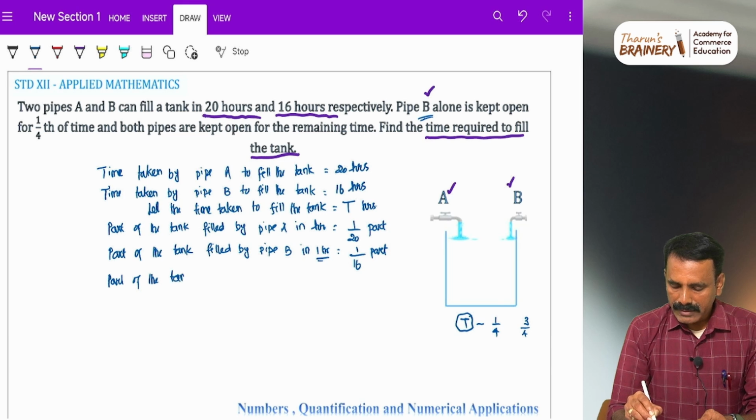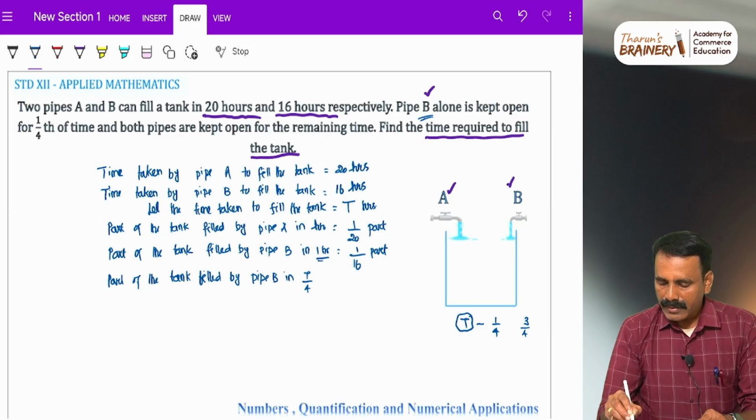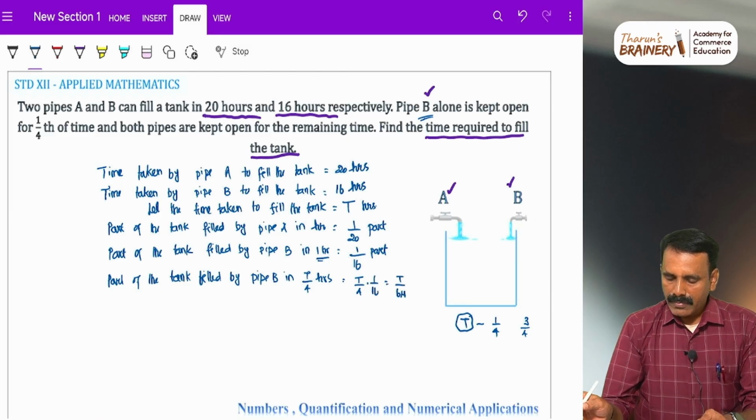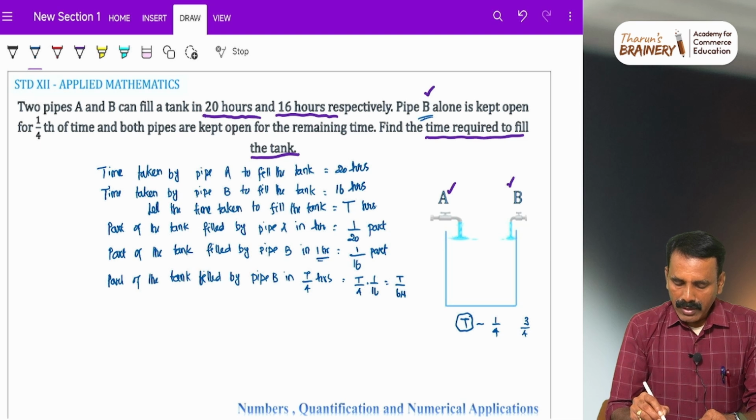Part of the tank filled by pipe B in 1 by 4th of T hours will be equal to T by 4 into 1 by 16, that is equal to T by 64. Now for the remaining part of time we are going to operate both the pipes. So how much part of the tank will be filled by both the pipes?